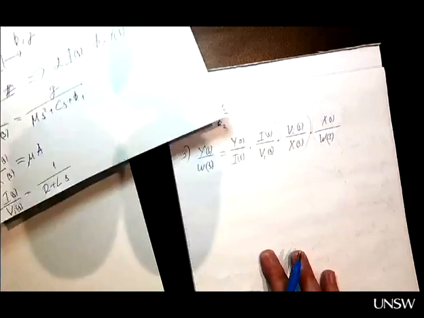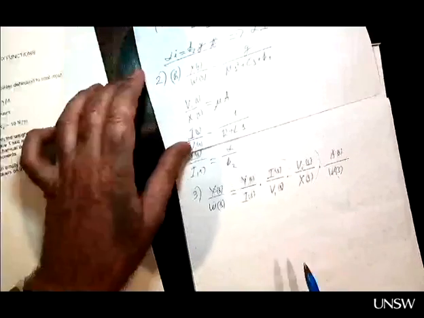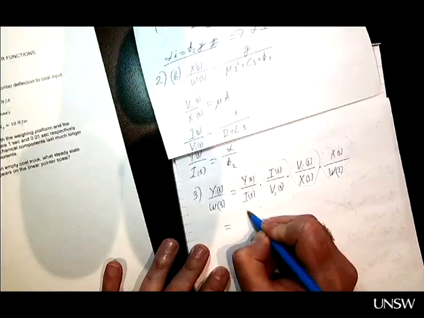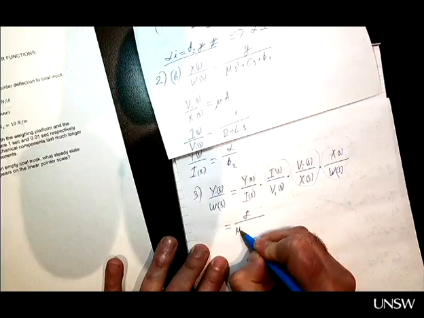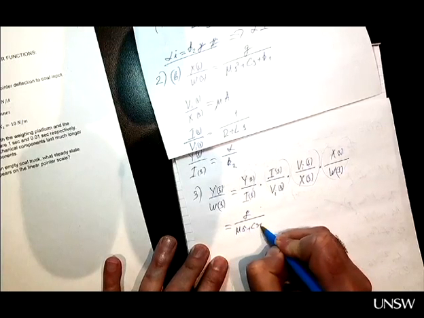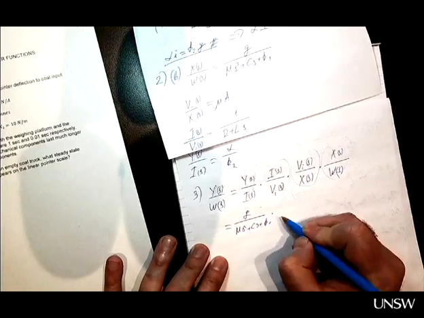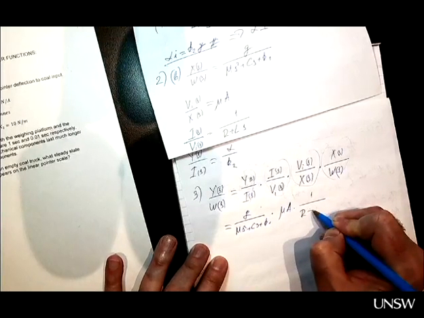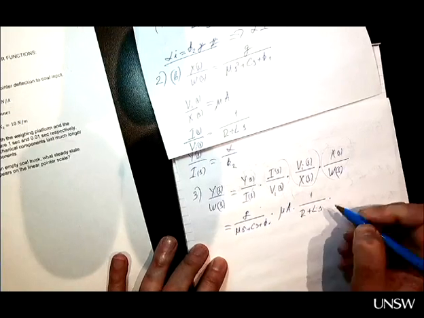Okay. So our transfer function is now, okay, let's do it this way. G over ms squared plus cs plus k1 times mu a times 1 over r plus ls times alpha over k2.